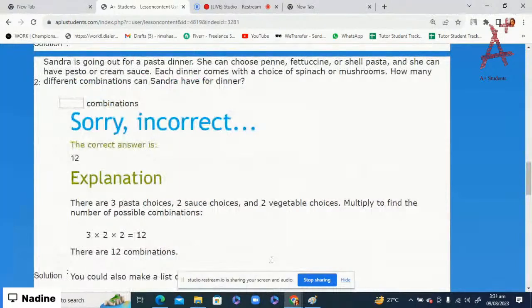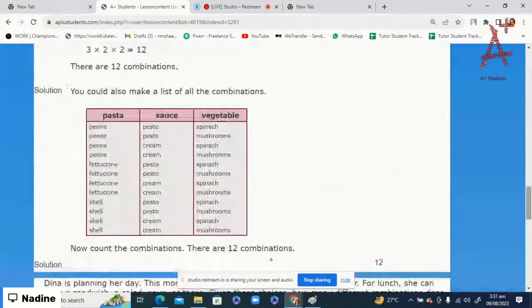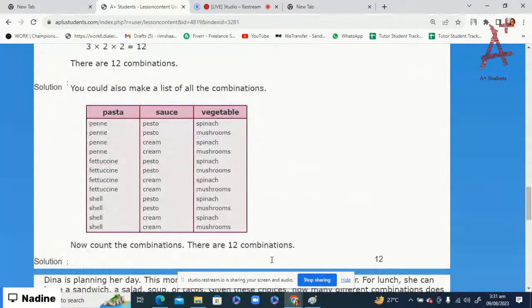Check it. First of all, she can choose how many pastas? 1, 2, and 3. Okay, let's check. Here is penne, fettuccine, and shells.